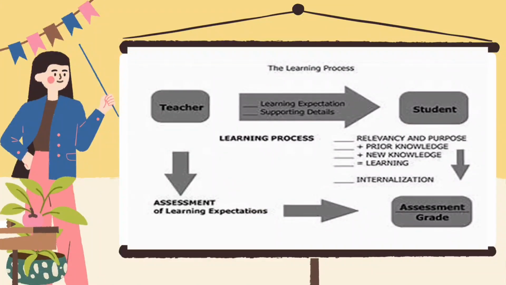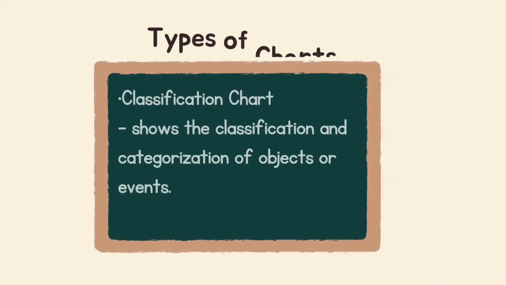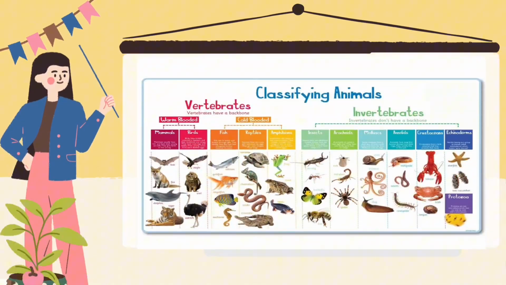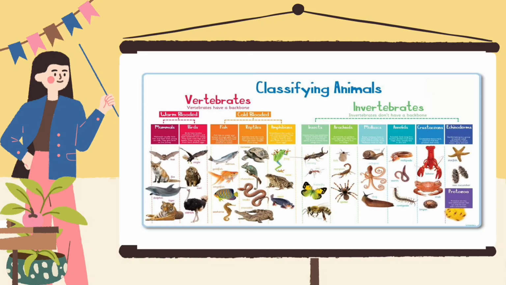The example is the learning process, which is the learning expectation, supporting details between the student and the teacher, and the assessment. The next one is the classification chart. It shows the classification and categorization of objects or events. From the word classification, the example is we classify vertebrate animals and invertebrate animals.